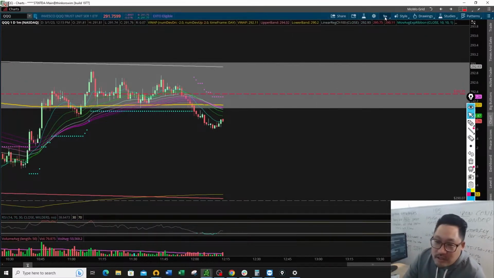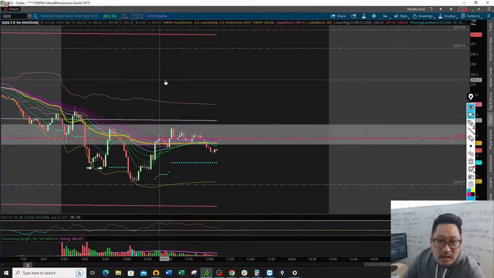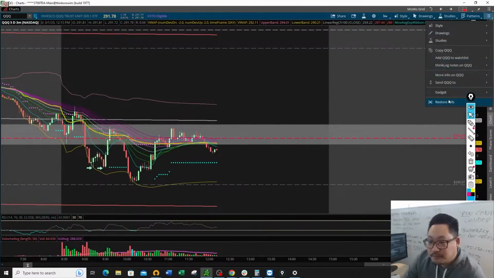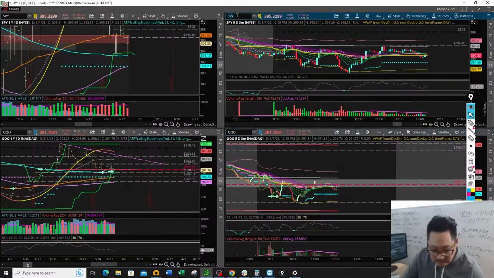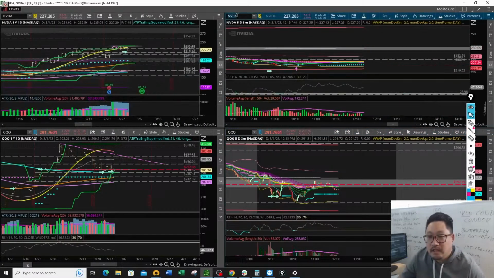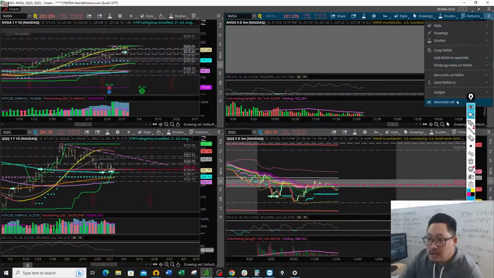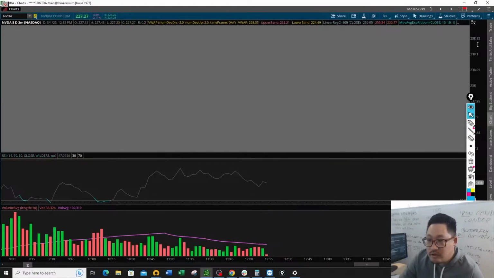Now, another thing that we need to keep extremely mindful of is trading in correlation with the broad markets. What I'm going to do here is give you a side-by-side look at NVIDIA. NVIDIA right now is starting to find a ceiling at a very critical price range.